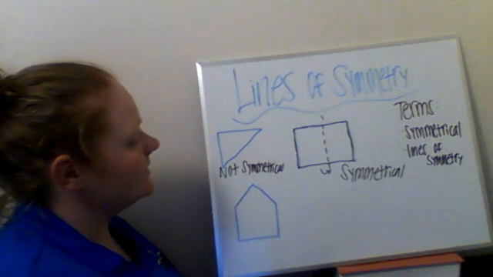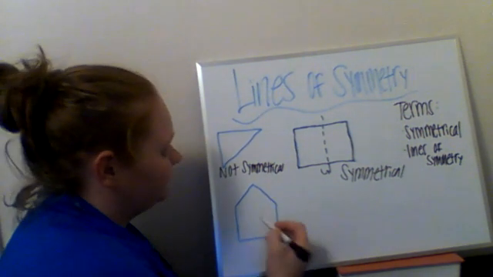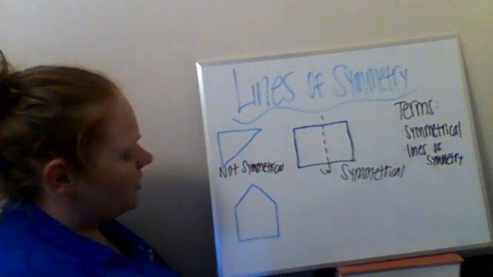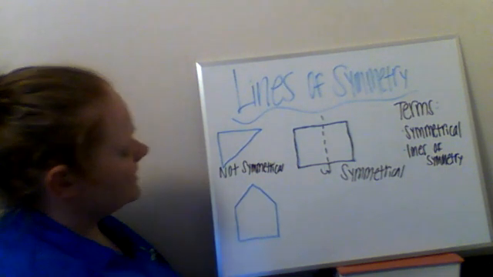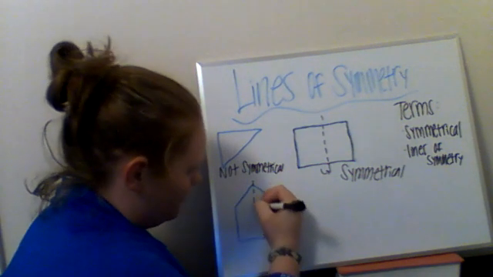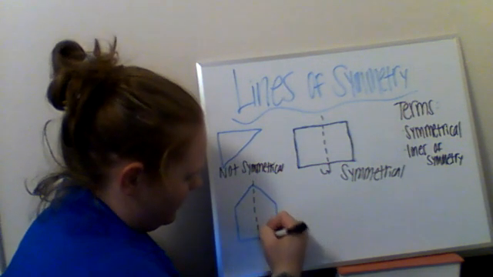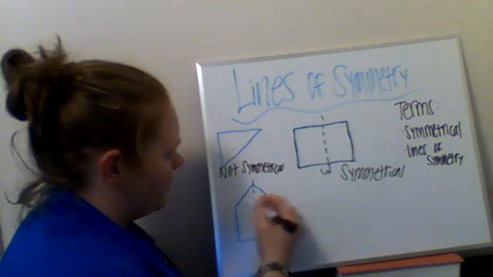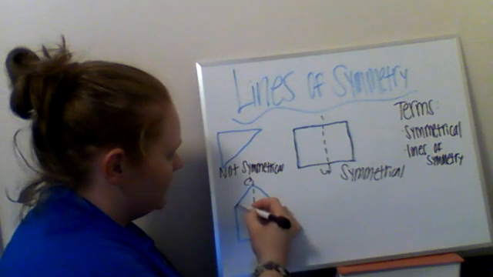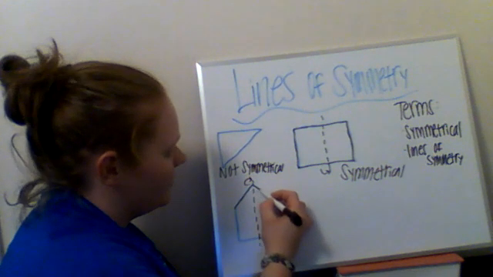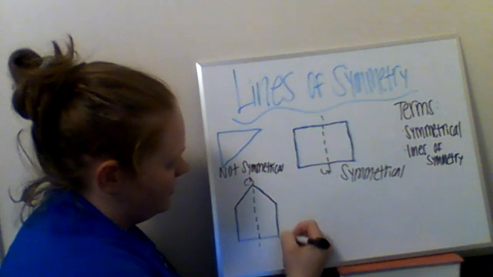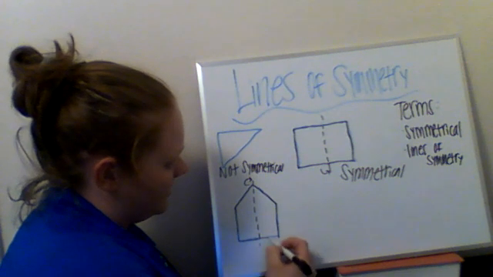All right, lastly, let's look at this object down here. So if I have this object, and I need to determine if this object has a line of symmetry. Well, if I look right here, if I split it down in the middle, okay, and then if I was to flip it that way, so this part would line up with this part over here, it would line up down here, and then it would line up down at the bottom.